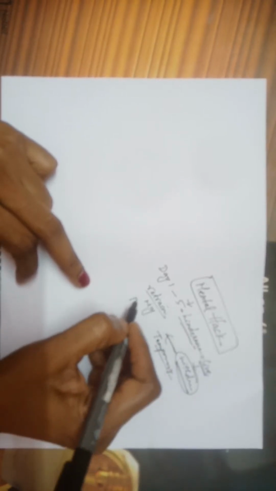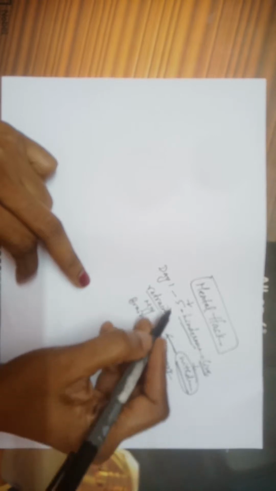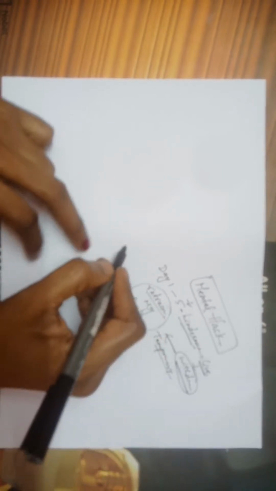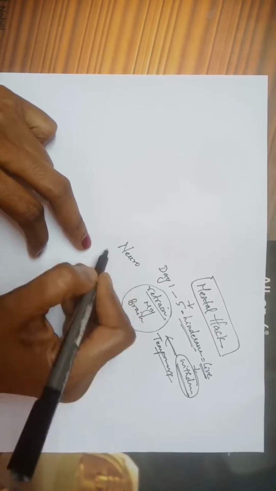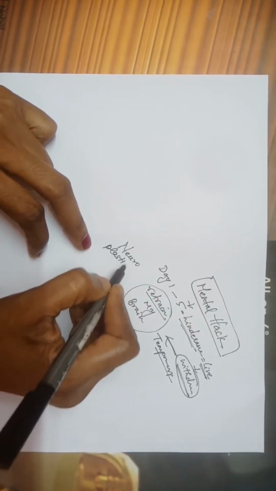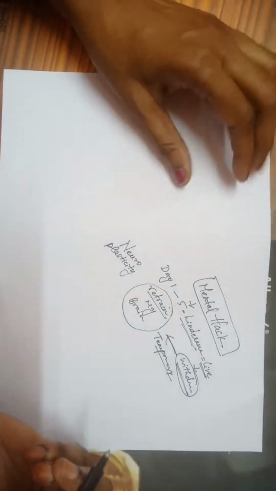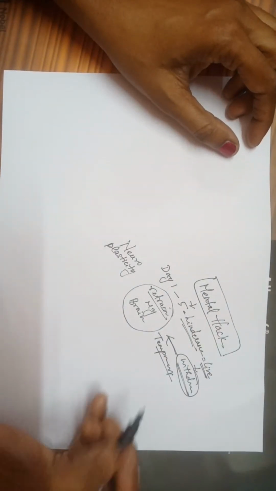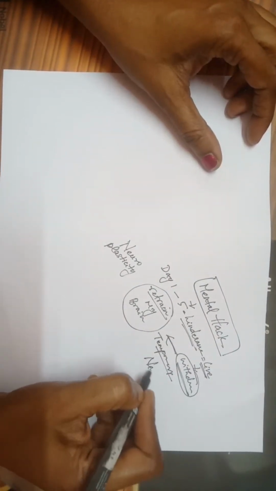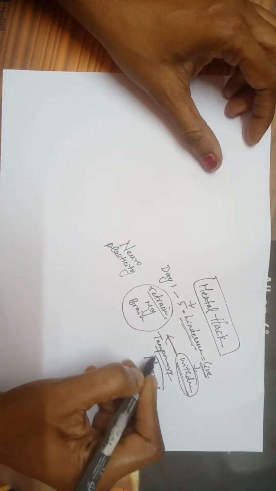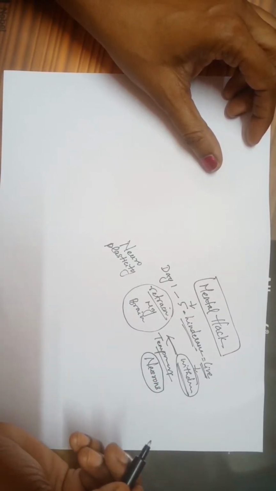This is very important. There is something called neuroplasticity. Now tell me, the cells of the brain are called neurons, the structural and functional unit of the nervous system.